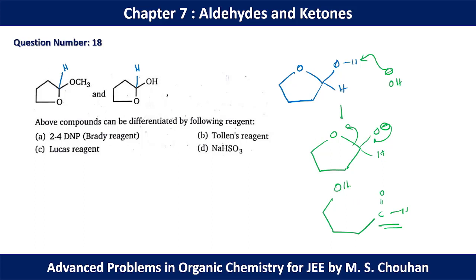Okay, but in acetal we don't have that acidic hydrogen, so the formation of aldehyde is not possible in case of acetal. Okay, so in the basic medium we can have Tollens reagent to differentiate between the given two molecules. So option B should be the correct option.